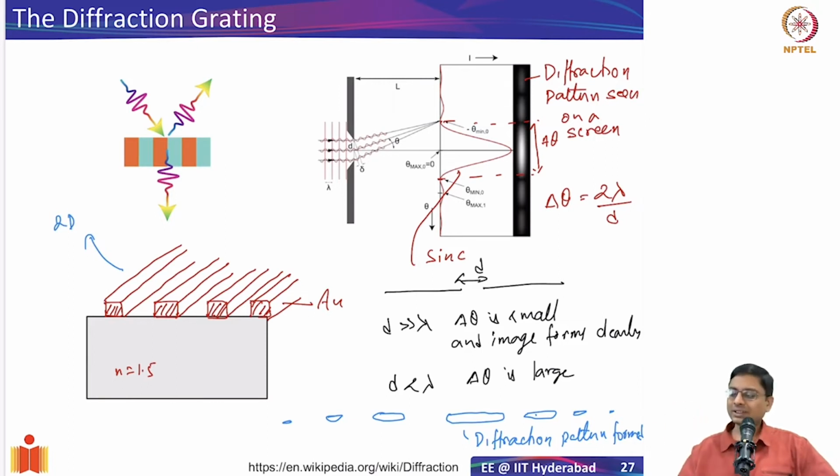It's not a photonic crystal in that sense, but it's just a 1D variation in this direction, and along this direction it's infinite. In the Z direction, just one layer. So I would not really call it a 2D photonic crystal, but we will come to 2D photonic crystals in the next lecture. For now, this is the diffraction grating consisting of parallel wires, let's say of gold.